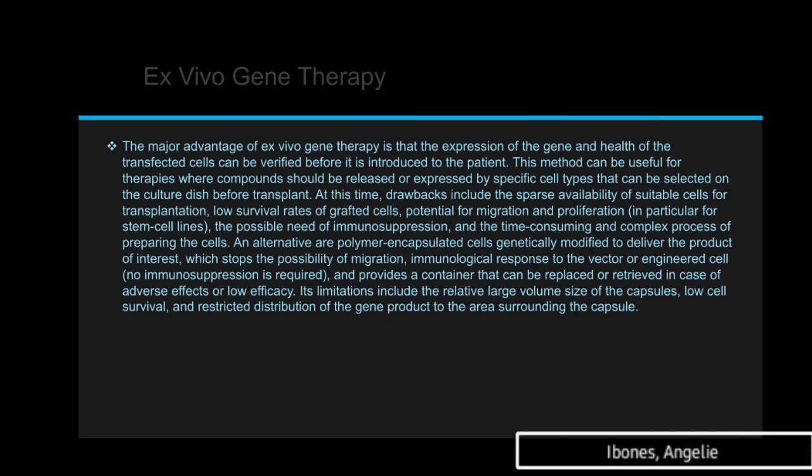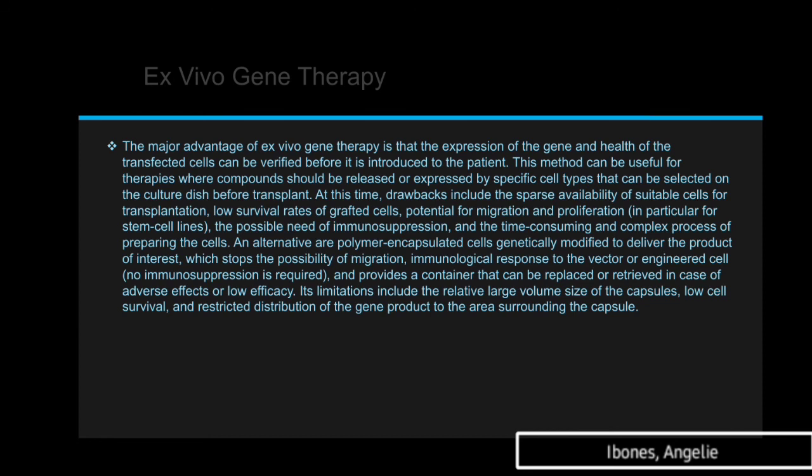The major advantage of ex vivo gene therapy is that the expression of the gene and the health of the transfected cells can be verified before they are introduced to the patient. This method can be useful for therapies where compounds should be released or expressed by specific cell types that can be selected on the culture dish before transplant.